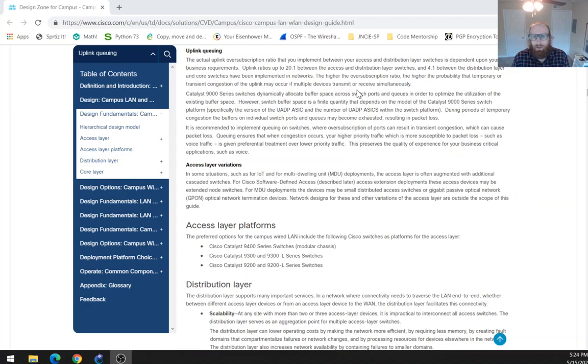The higher the oversubscription ratio, the higher the probability that temporary or transient congestion of the uplink may occur if multiple devices transmit or receive simultaneously.